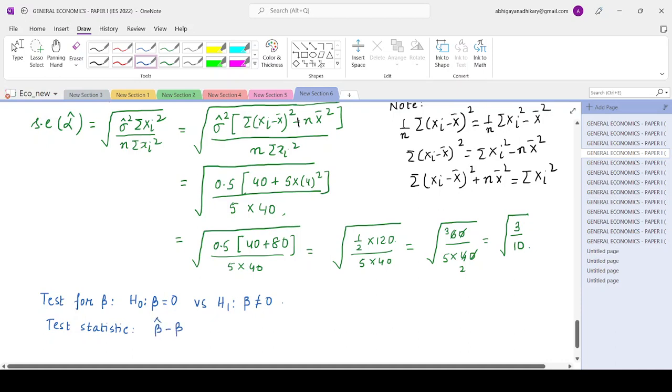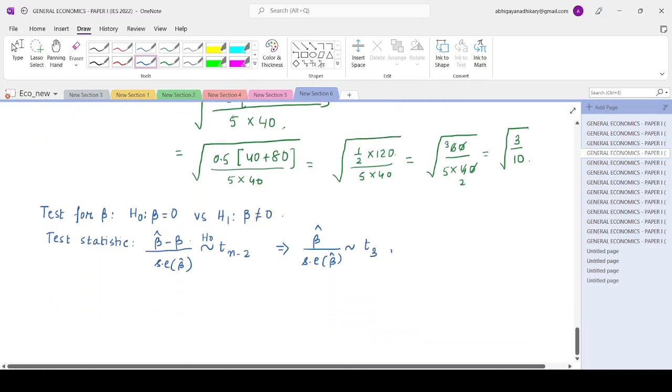Beta hat minus beta, the expected value, divided by the standard error of beta hat, under H naught will follow a t distribution with n minus 2 degrees of freedom. Under the null hypothesis, beta equals 0, so we boil down to this: beta hat by standard error of beta hat will follow a t distribution with n minus 2 degrees of freedom. Here n minus 2 is 5 minus 2, which comes down to 3, so it follows the t distribution with 3 degrees of freedom.